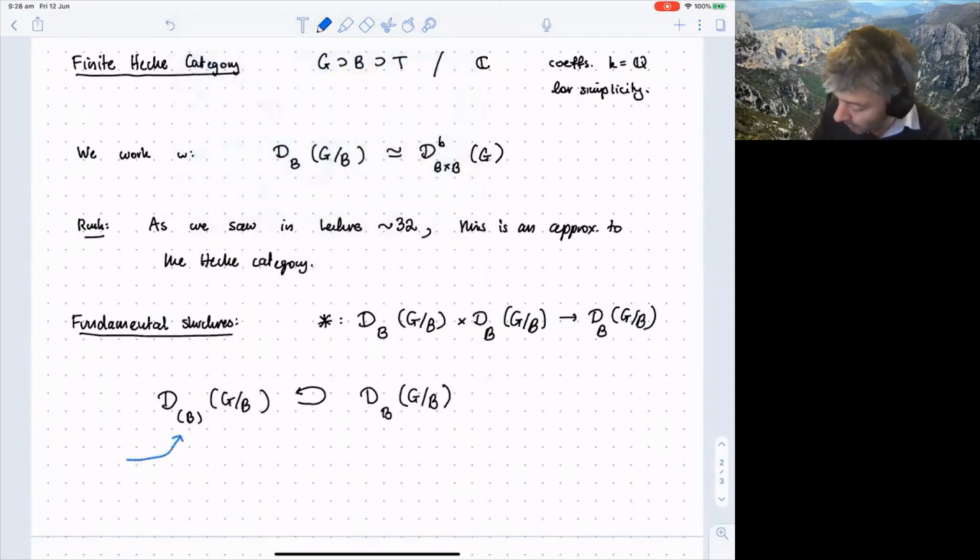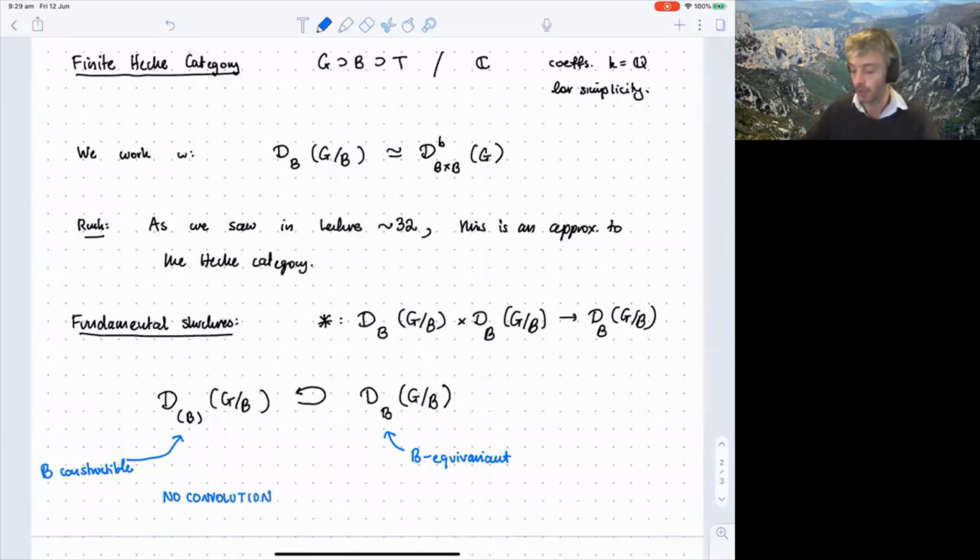So this means B-constructible, and this means B-equivariant. And here there's no convolution. I think that in the early days of the subject, when people were first investigating these Hecke categories, if you look at the literature, there are quite a few wrong statements because this distinction is not clearly made.